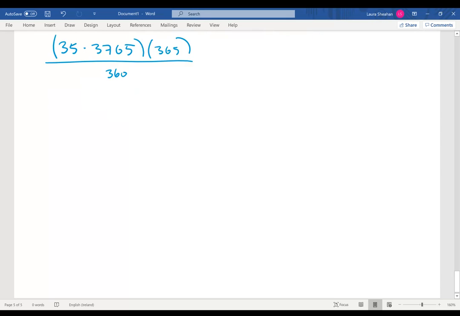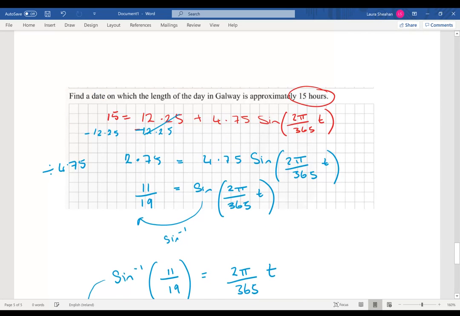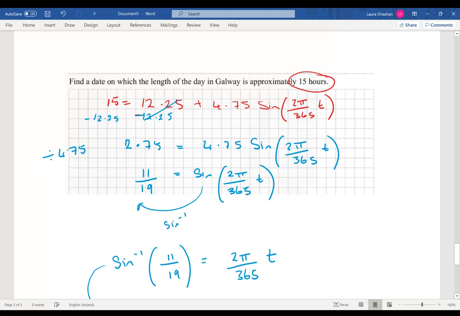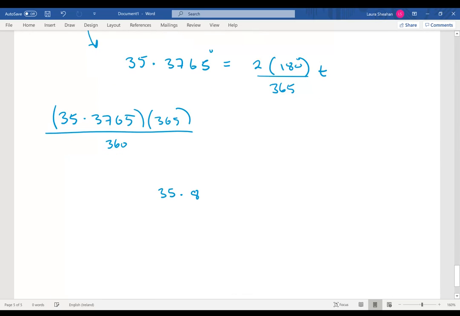And I get 35.86 is equal to t. Find a date on which the length of the day in Galway is approximately 15 hours. I'm looking for a specific date, I believe.